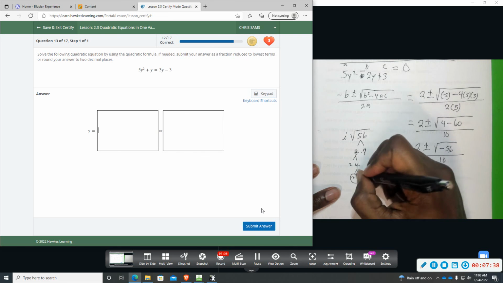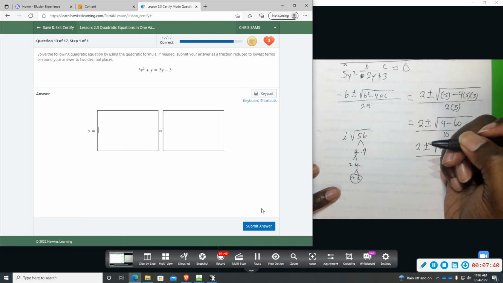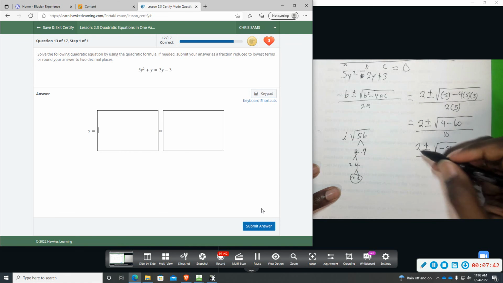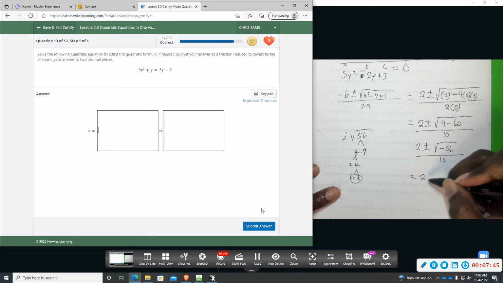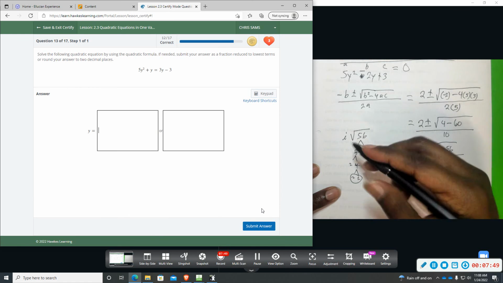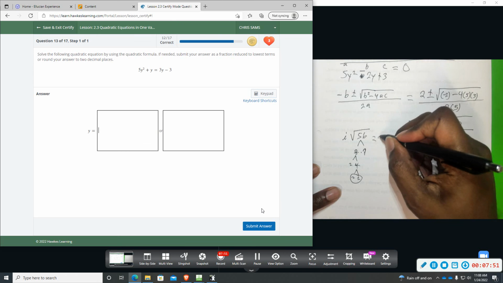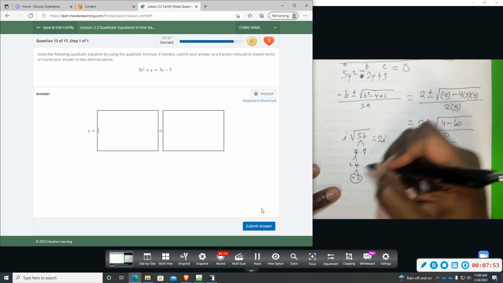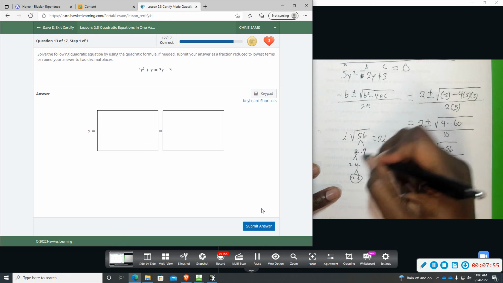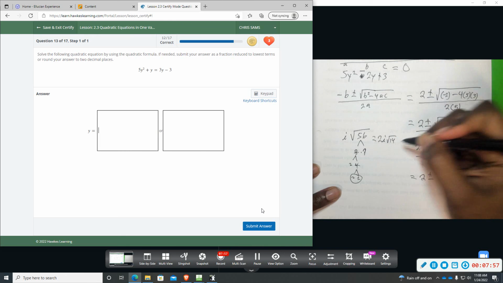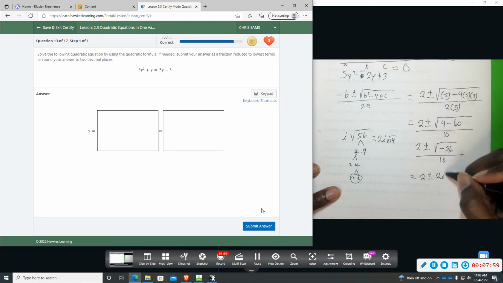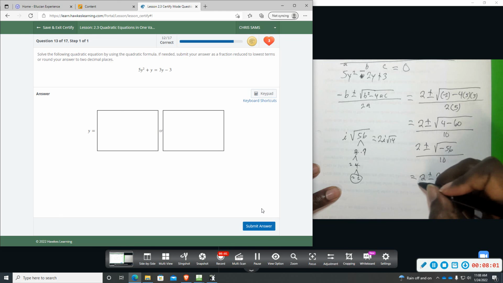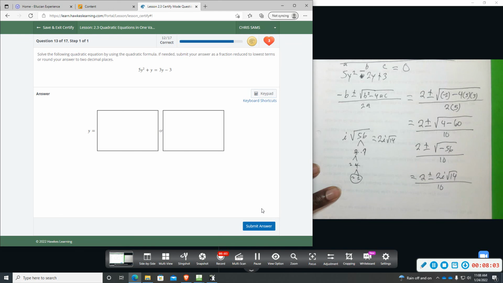So we've got a pair of 2's. The 2 and the 7 will stay together and give us 14. So we have 2 here, plus or minus. A 2 comes out, and the i is there, 2i, and then the 2 and the 7 multiplied back together give you 14. So 2i square root of 14 over 10.